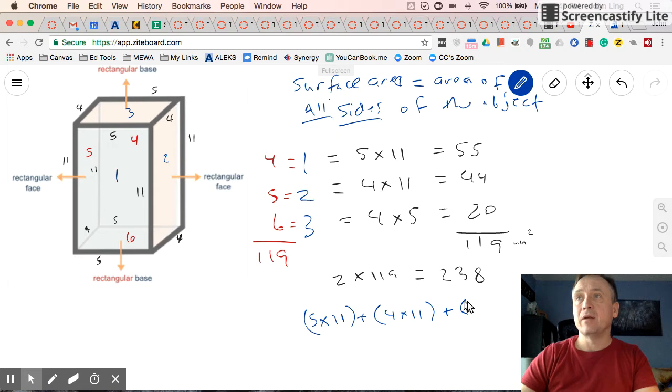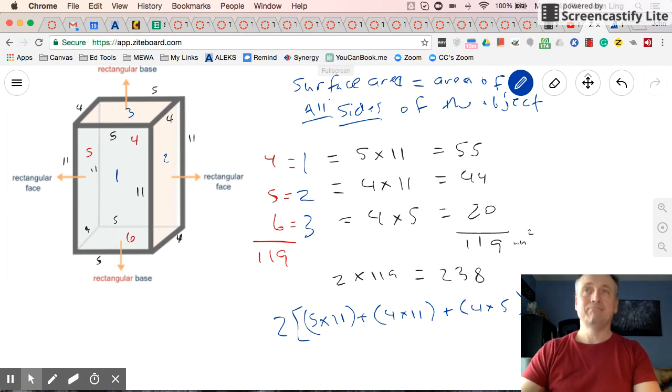The area of side 3 was 4 times 5. And we've got double this, so I'm going to put this in extra parentheses and times everything by 2. If we set it up like this, you'll get the same answer. So that's one way to think about surface area.